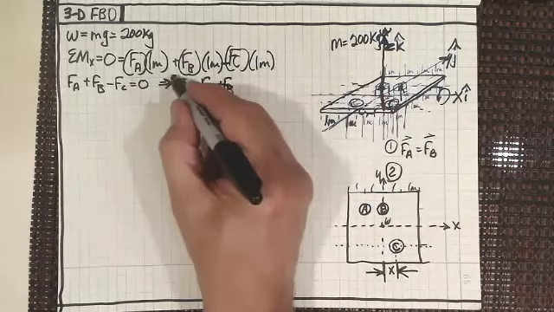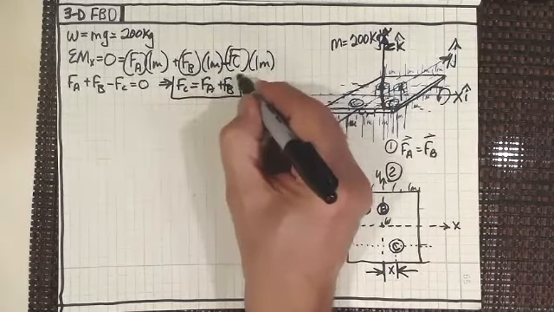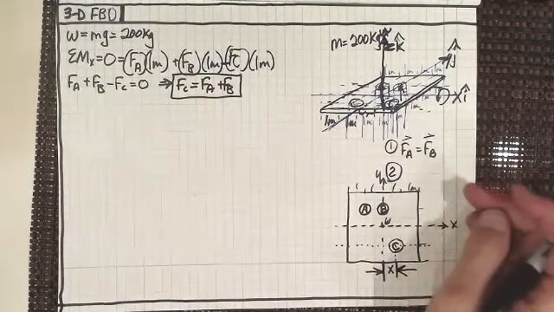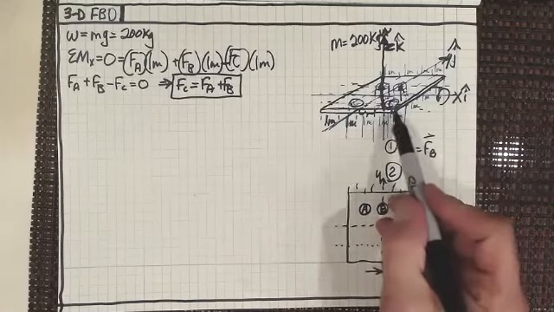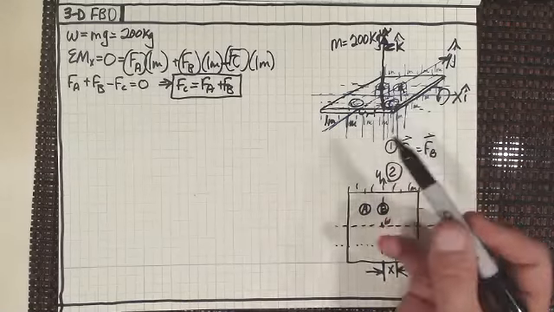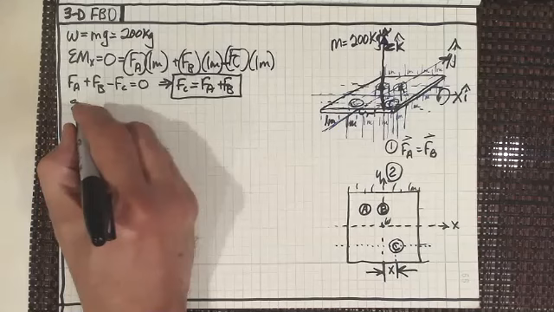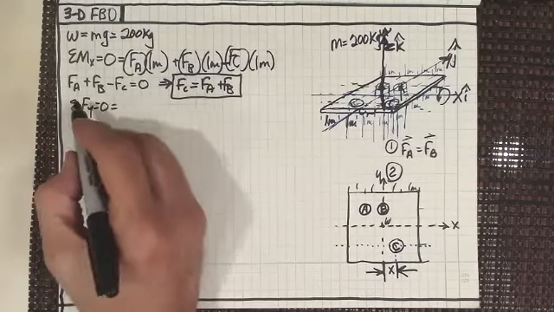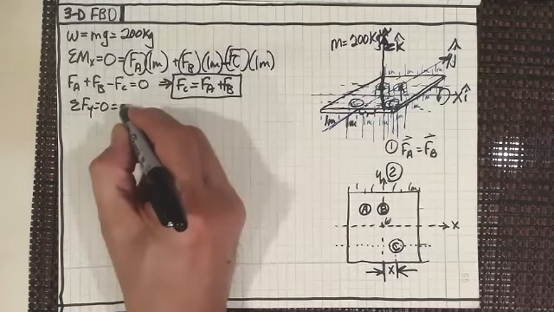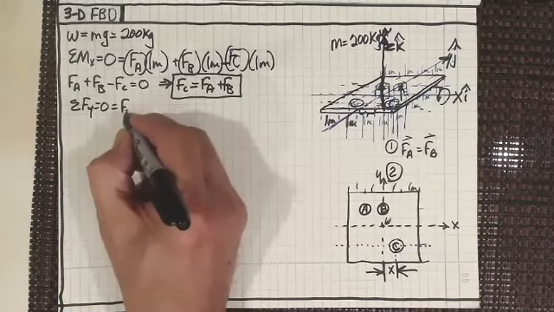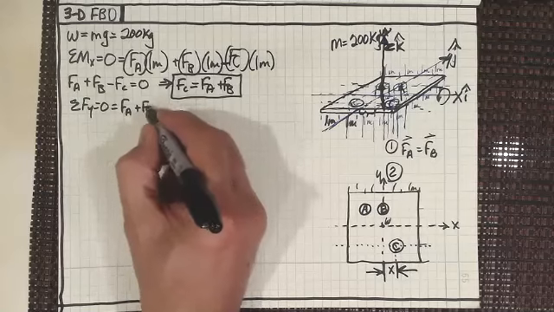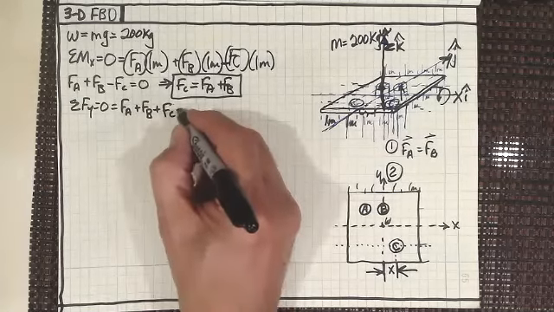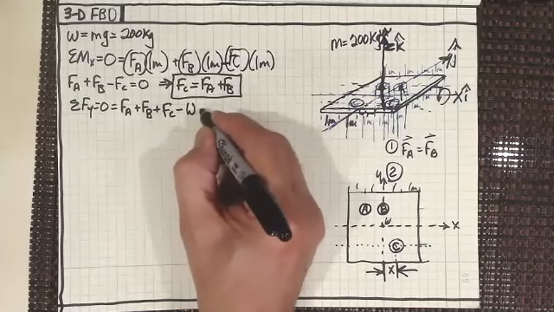There you go. We know that now. What else do we know? We know that if we sum the forces in the y direction equal to 0, that's going to be F sub A plus F sub B plus F sub C minus W, right?